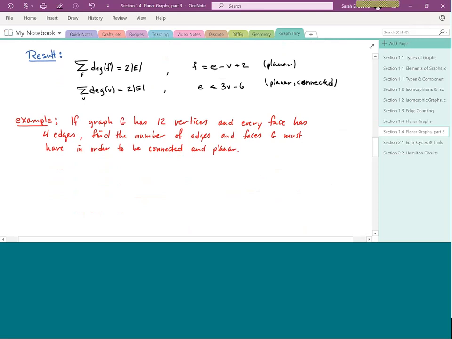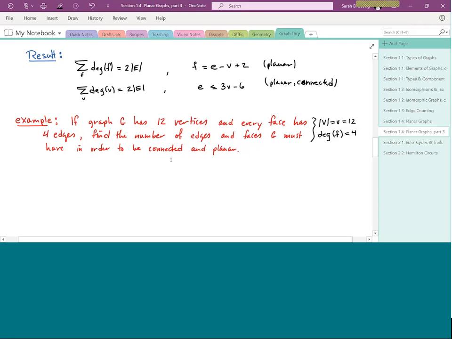That tells you so far that the number of vertices, use either symbol that you want, is 12. Every face is defined by 4 edges, so the degree of each face is 4. What we want to do is find the number of edges and the number of faces that you have to have in the graph in order for this graph to be connected and planar.